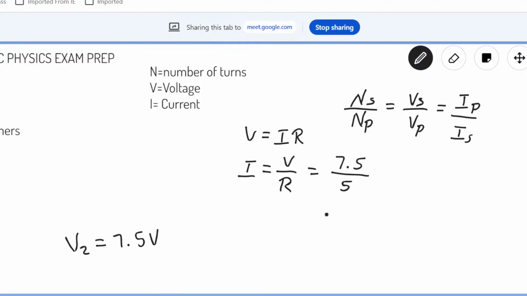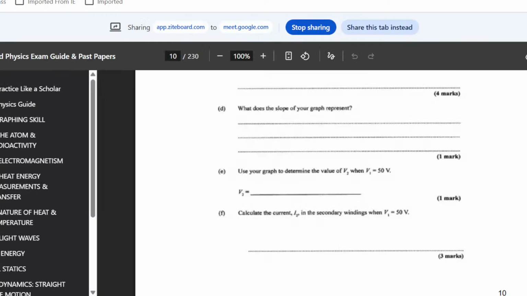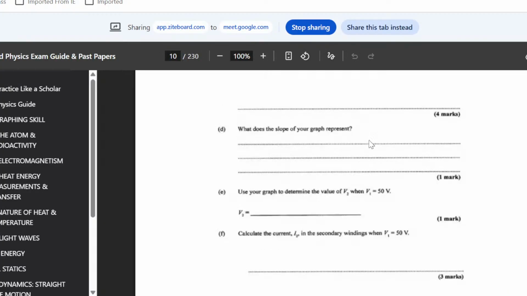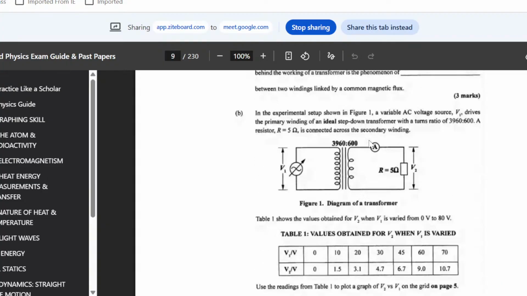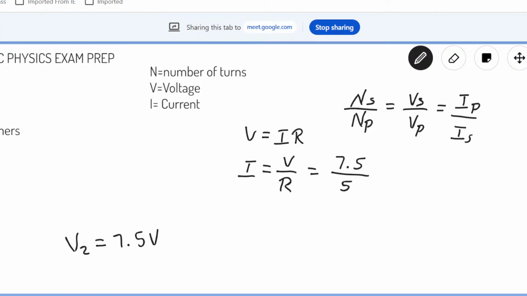It was 5, right? 5 ohms. Yes. All right, what does that work out to be? 1.5. All right, so 1.5 amps.